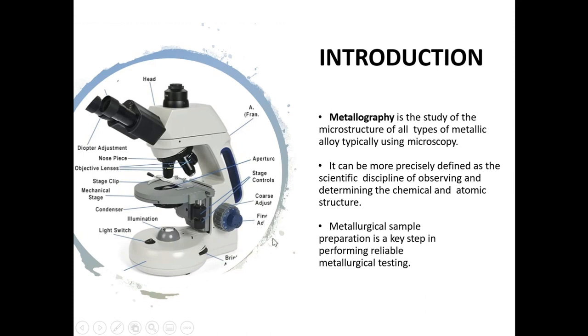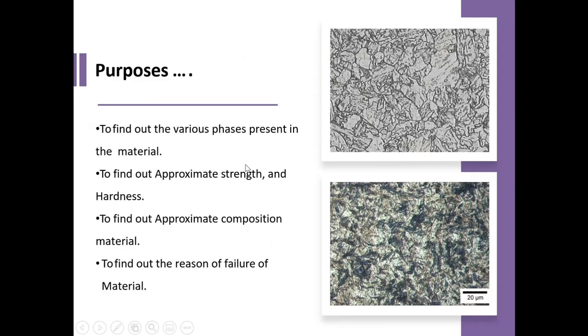Okay, next slide. So what is the purpose of specimen preparation for microscopic examination? We have to find the various phases present in a material. If you observe the iron carbon diagram, you may find that the percentage of pearlite and ferrite present in the microstructure of cast iron and steel are different.